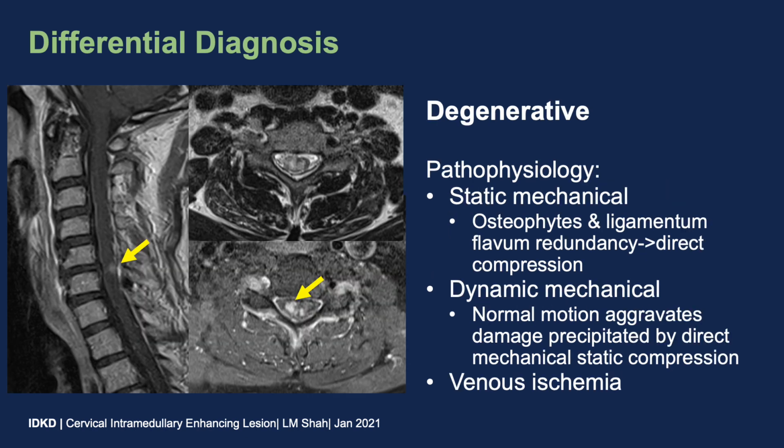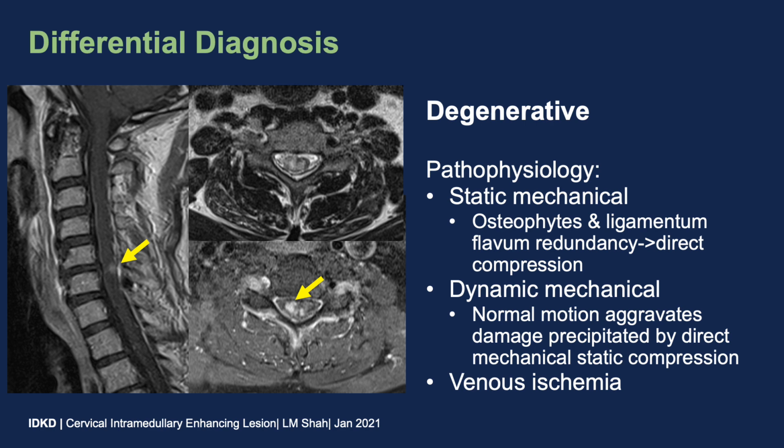Our final consideration for an intramedullary enhancing hyperintense lesion is a degenerative process due to severe spinal stenosis. Static mechanical factors such as osteophytes anteriorly and ligamentum flavum thickening posteriorly can cause direct compression of the cord.